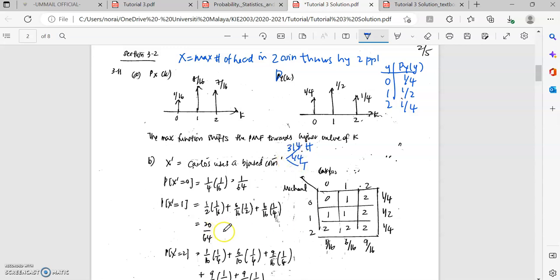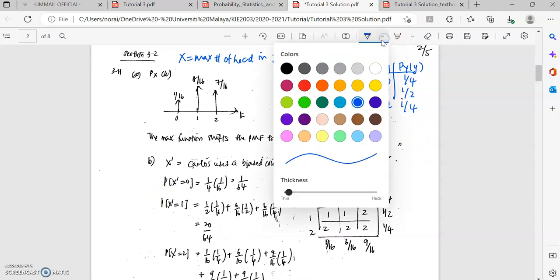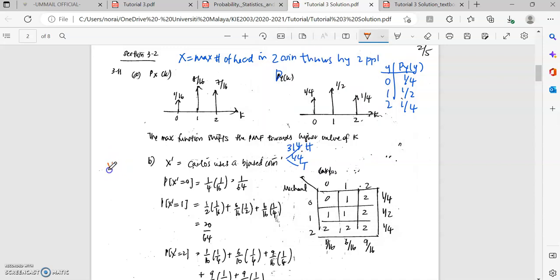So we have a different distribution for Carlos. Let's do the number of heads for Carlos.